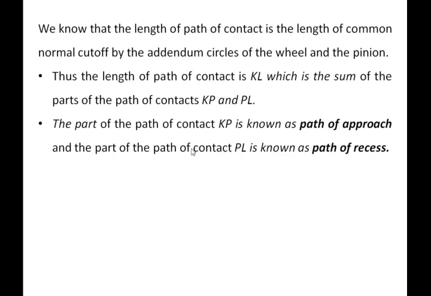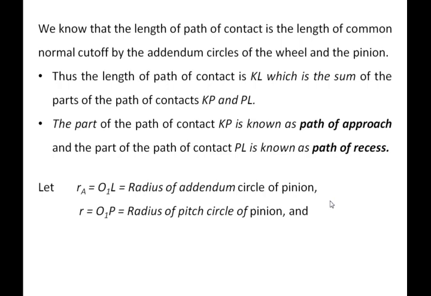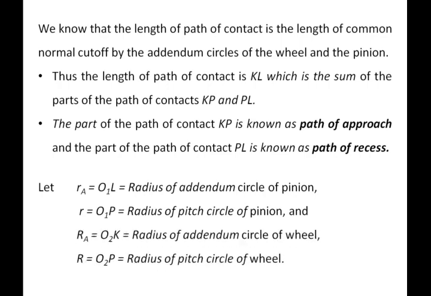The first part KP is known as the path of approach and the second part PL is known as the path of recess. So the length of path of contact will be equal to the length of path of approach plus the length of path of recess. RA and R, similarly capital RA and capital R, are the radii as we discussed in the article previously.